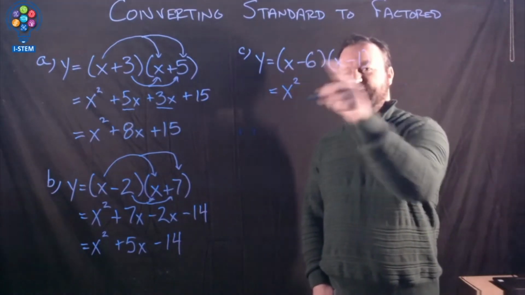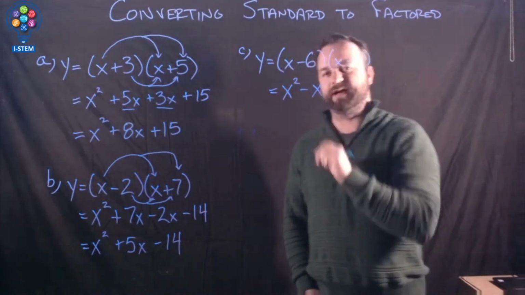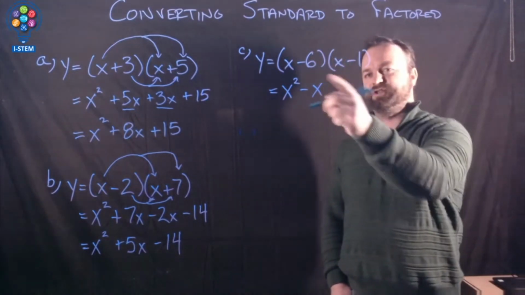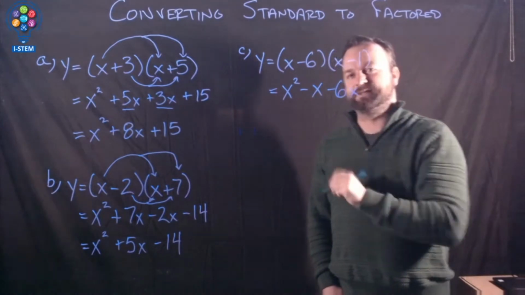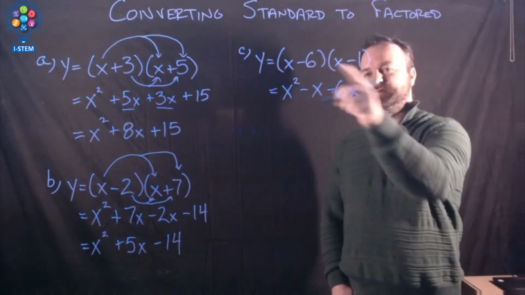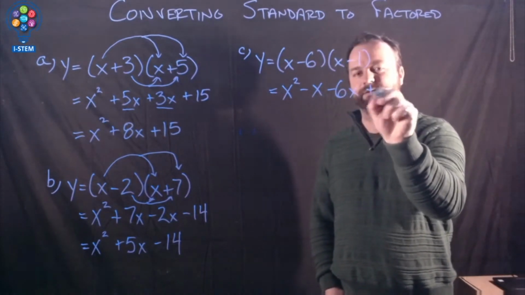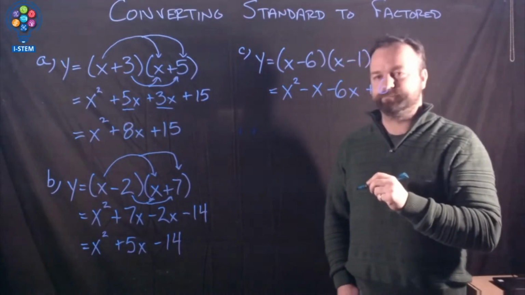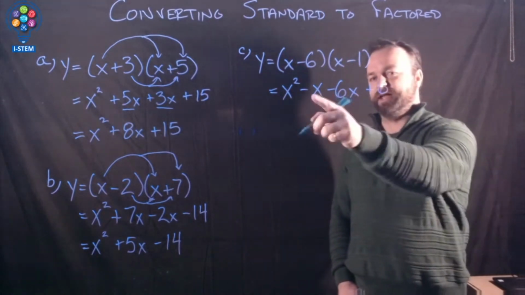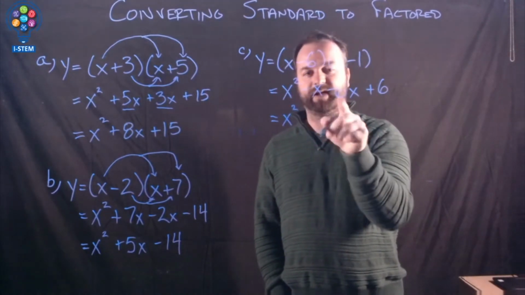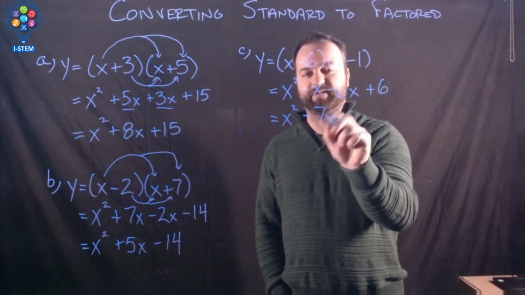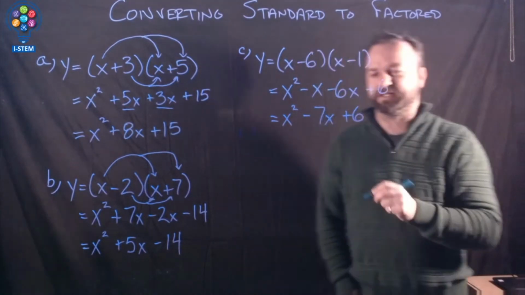Outside terms, x times negative 1 is negative x. Inside terms, negative 6 times x is negative 6x. And then my last two terms, negative 6 times negative 1, is positive 6. My terms in the middle are like terms, so gather them together. Negative x minus 6x is negative 7x plus 6.